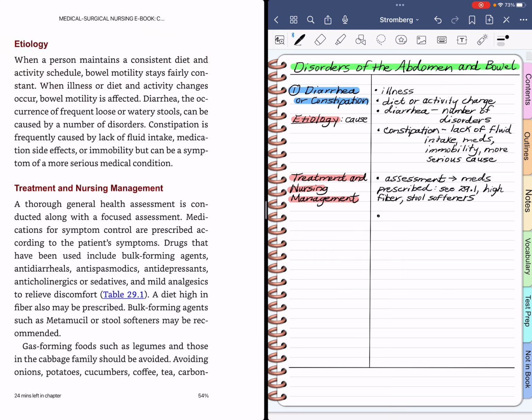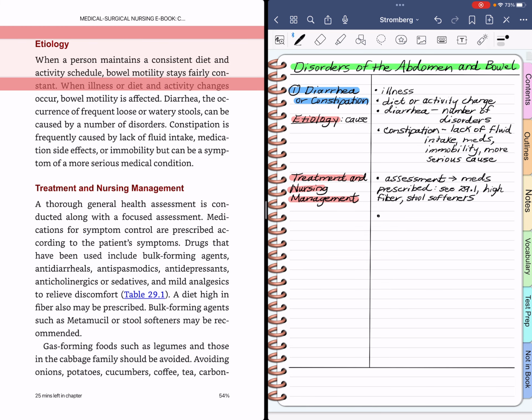So here are some more recommendations. It's telling me to avoid foods that cause gas, such as legumes, cabbage, onions, potatoes, cucumbers.